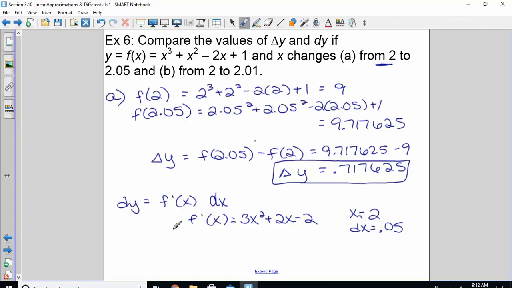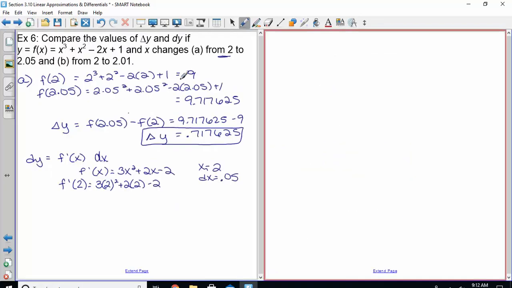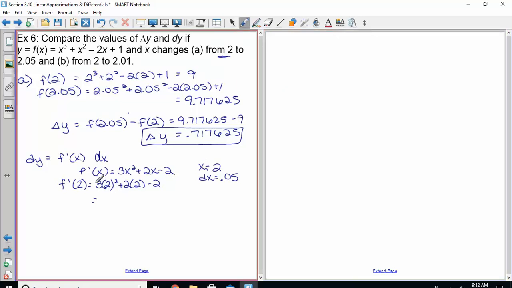So now I can find f prime of 2. That gives me 14, is that right?